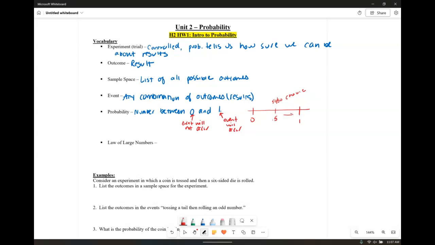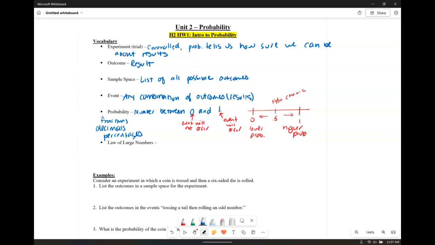If it's closer to 1, that's a higher probability. And if it's closer to 0, that's a lower probability. Okay, we're going to answer probability with fractions, decimals, and percentages.